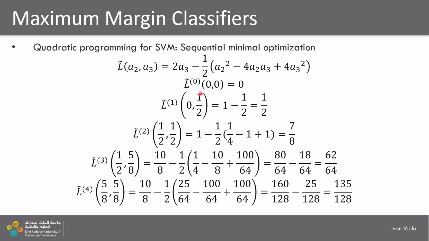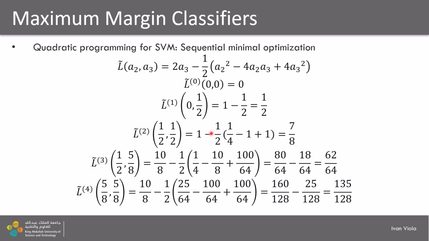For 0, 1/2, we have here 1/2, therefore 1, and then here we have A3 squared, which is equal to 1/4 times 4 is 1, minus 1/2, so times minus 1/2 will be 1/2, and A2 will cause these two terms being 0, and therefore 1 minus 1/2 is equal to 1/2.